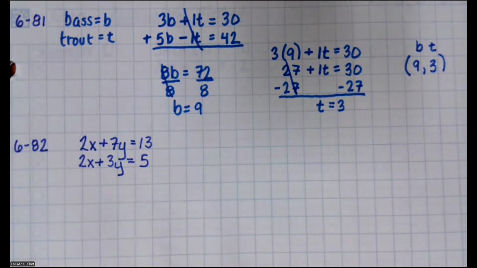I would write my answer for this 9, 3 because B comes before T in the alphabet. I would also accept 9 bass and 3 trout in words, but a lot of them are too lazy to write the words.